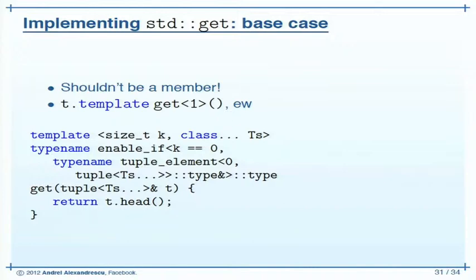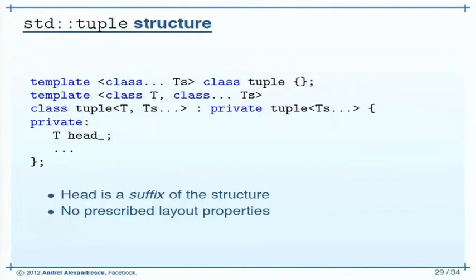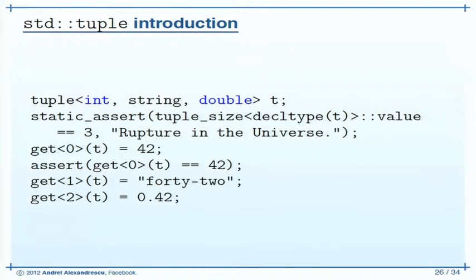So I'm restricting it to k equals 0. So if k is 0, this works, essentially. And if k is 0, I'm going to return typename tuple element of 0 and the tuple, reference. Because I'm returning the reference because, remember, I can assign to it here. I can assign to the thing here.